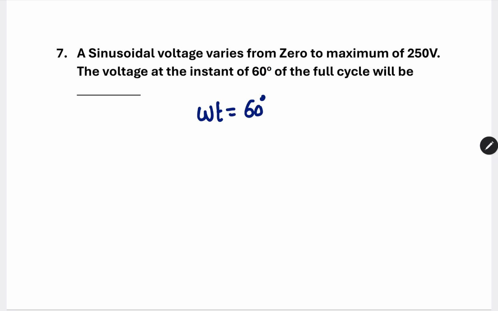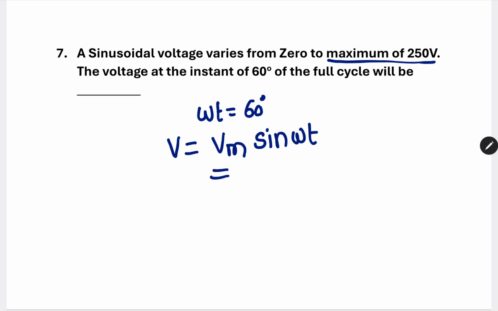The general sinusoidal voltage equation is V is equal to Vm sin omega t. The maximum value of the voltage is 250 volts, so 250 into sine 60. If you calculate this value, you will get the answer approximately 216.5 volts.